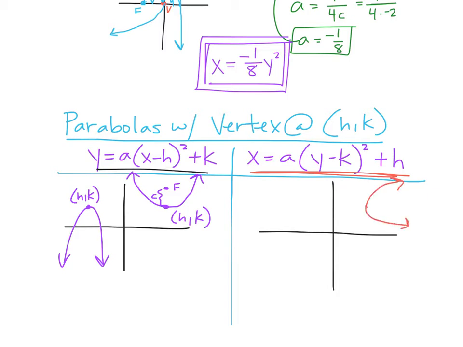So like this, where this is your HK, and your focus is inside here somewhere, and then the distance between them will be your C. Or we could do it something like this. Open left and open right versus open up and open down. Regardless, we are still using every single time this: a equals 1/4 C.